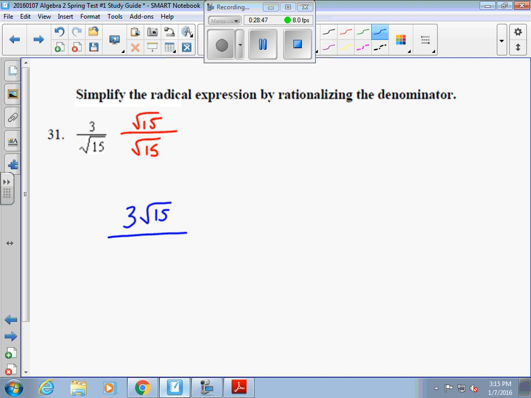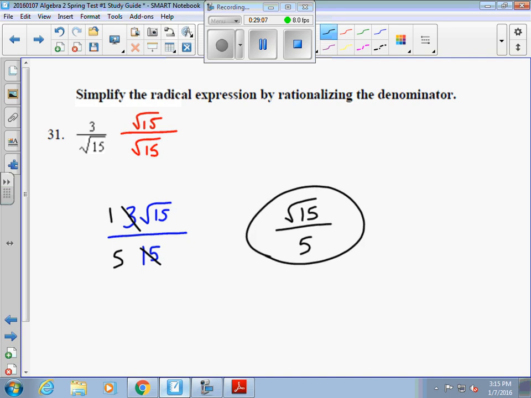Remember, anytime you multiply the same radical times itself, it'll simply be whatever the radicand is, whatever's under the radical, 15. Last thing you got to do here is you can see that 3 and 15 share a factor 3. So 3 goes into itself once and into 15 5 times. So the square root of 15 over 5 is the simplified version.